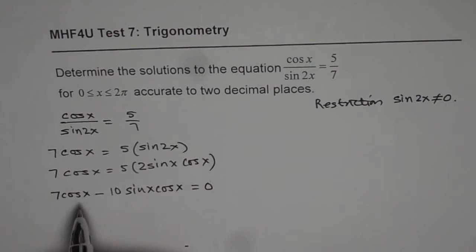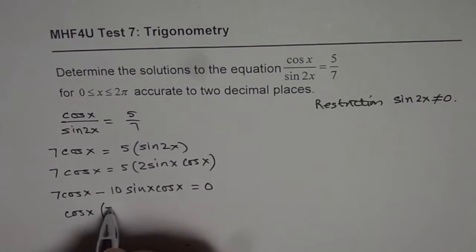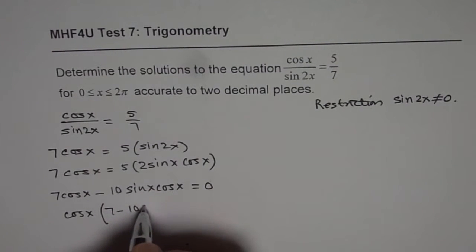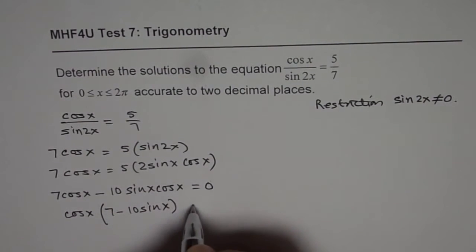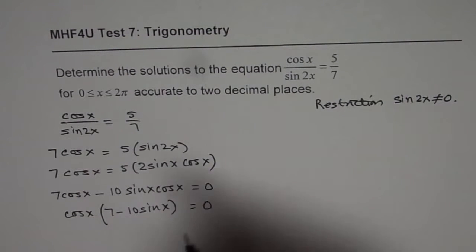So we can now factor cos x. We have cos x and we get 7 minus 10 sine x equals 0. Now from this equation we have two solutions.